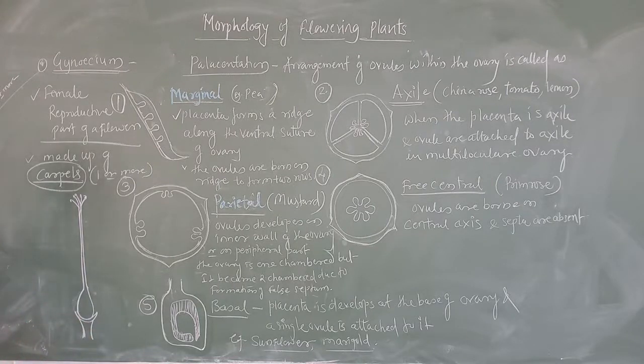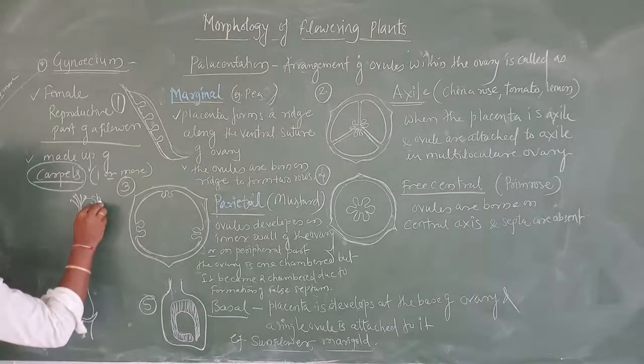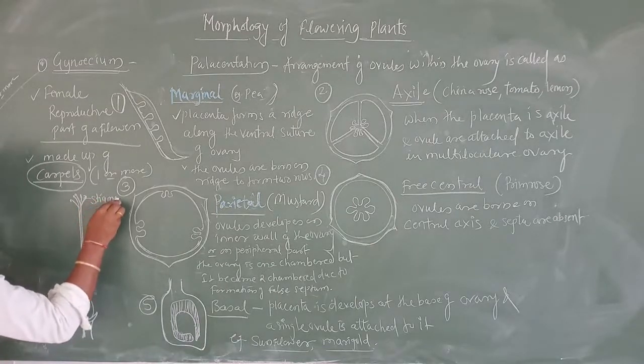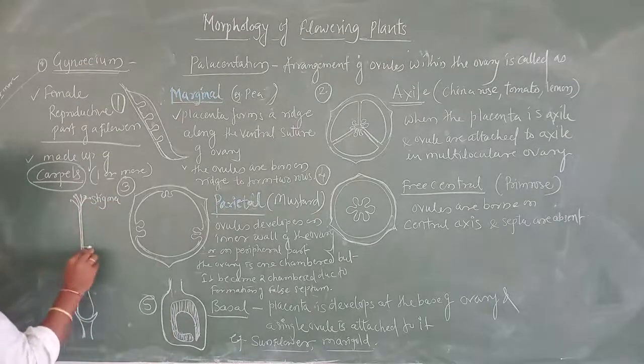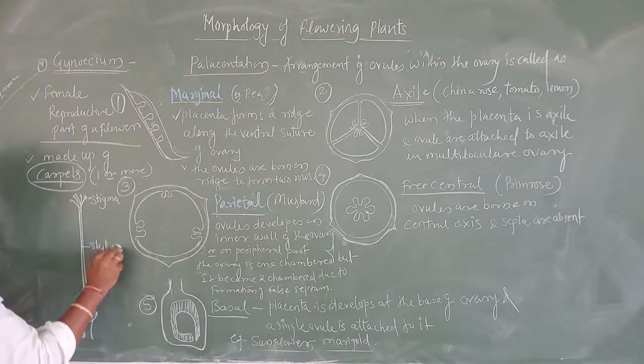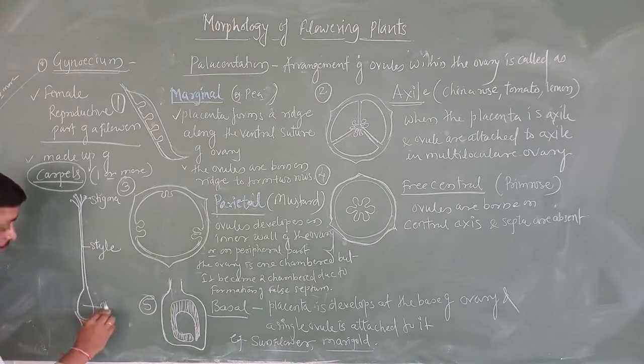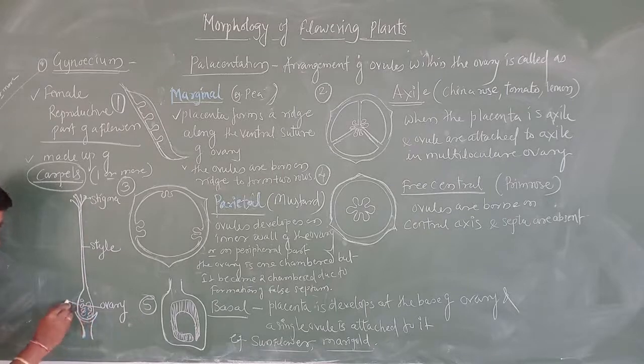This is the structure of a carpel. This carpel consists of the stigma, this is the style, this is the ovary, and within the ovary you are going to get ovules.